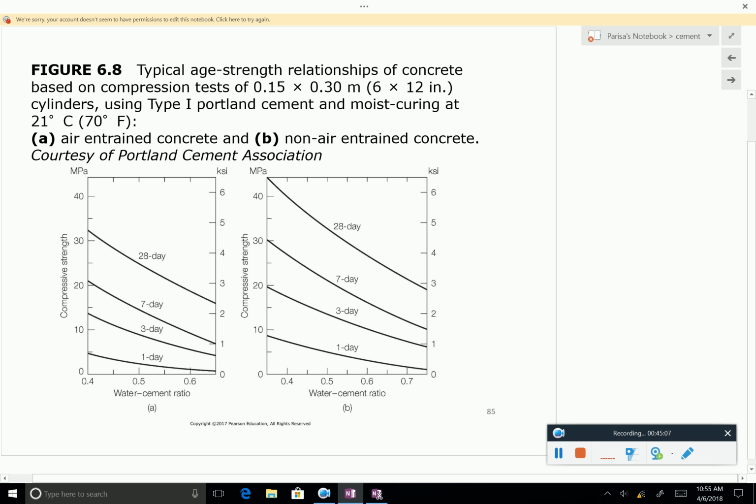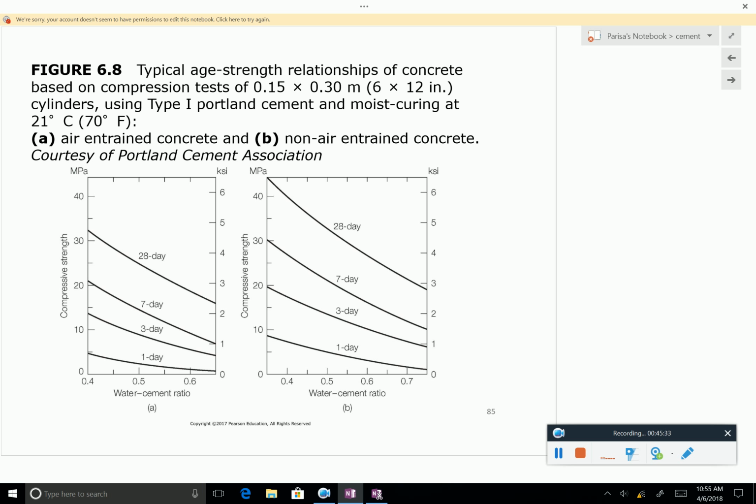So if you want to compare, here we have A, which is air entrained, and B, which is not air entrained. The air entrainment does reduce the strength a little bit. If you add voids to the material, you're going to lose a little bit of the strength. If you compare A and B, this is from your textbook also, you see the figure on it.